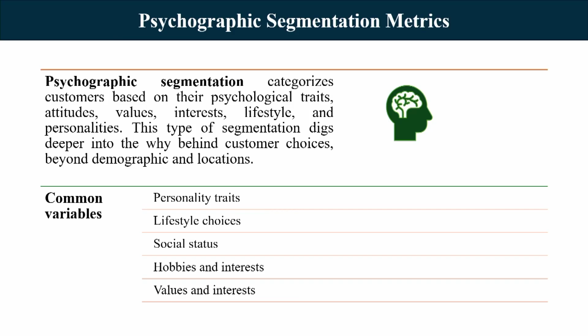These are the enduring characteristics that shape people's behavior and how people make decisions. You can think about people who are extroverted, people who are introverted, people who are adventurous, people who are cautious.